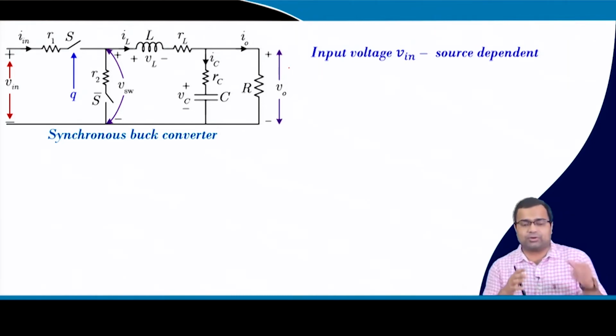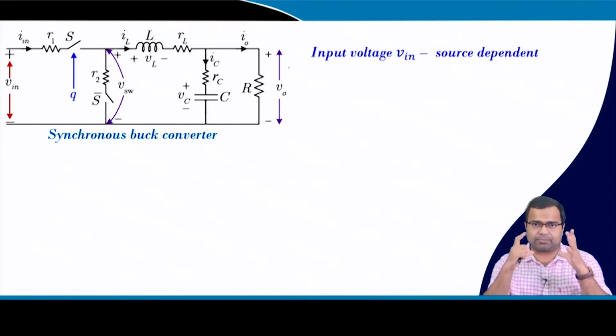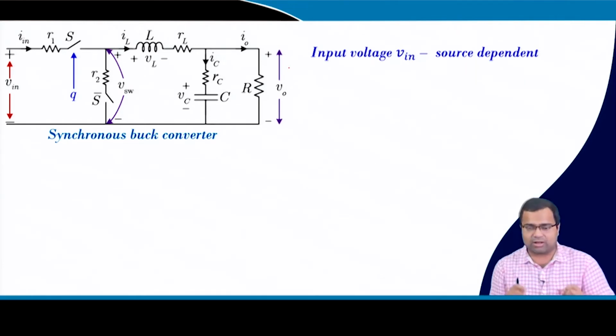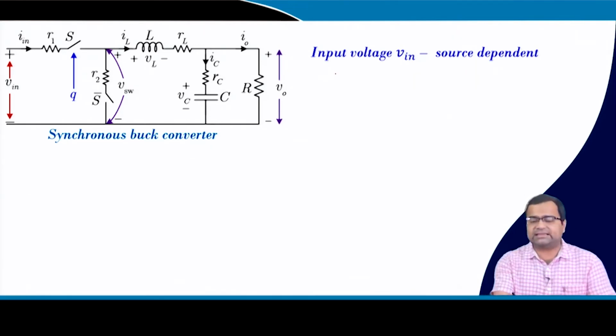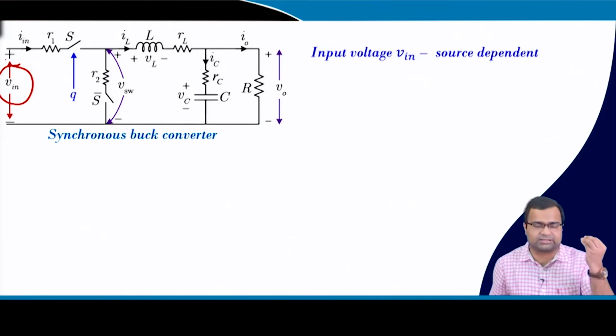so far, whatever model we have developed up to lecture number 12, we have not considered the input current in our simulation block. But now it is very easy, because the input voltage of this converter is source dependent, since you are connecting a practical source here. Earlier we used just a number.